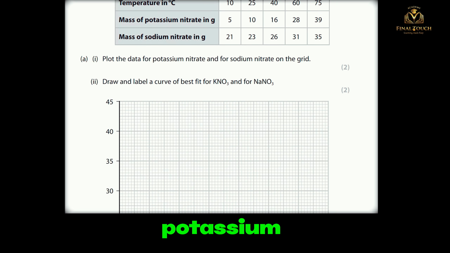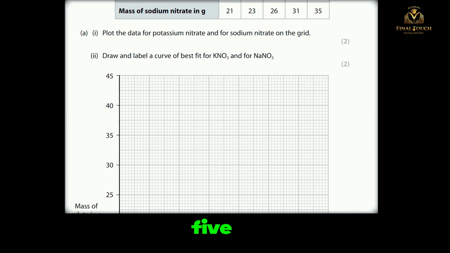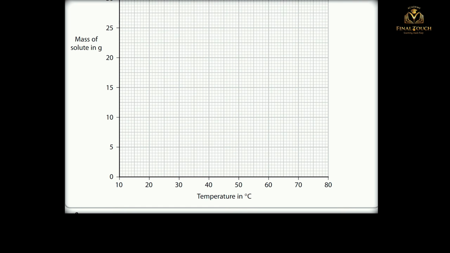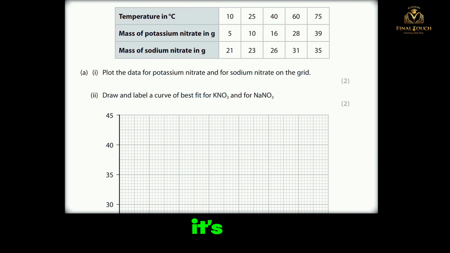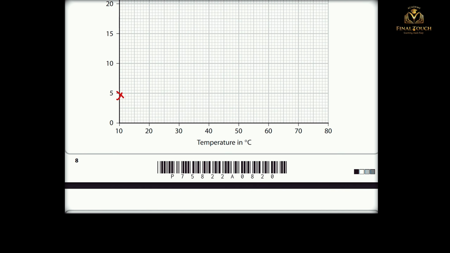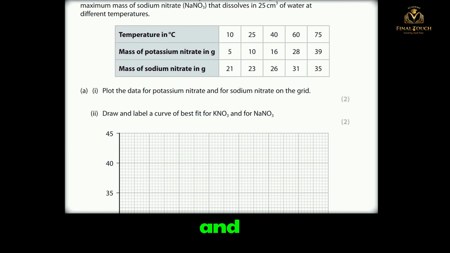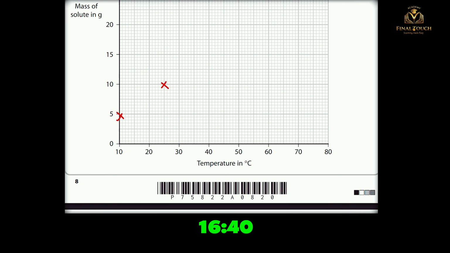The mass of potassium nitrate is 5 at 10 degrees Celsius. At 25, it's 10. At 40, it is 16, right above here.